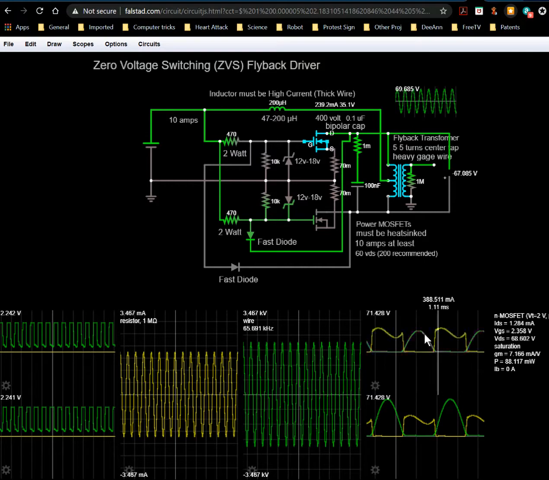Whereas here it's not conducting any current. Its current is practically zero, but its voltage is high. These keep switching roles because they keep alternately connecting either one lead or the other of this capacitor to ground, making the opposite lead of the capacitor show up as a positive voltage across its opposing transistor.